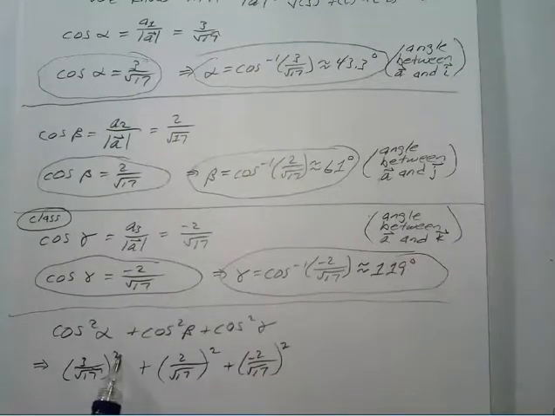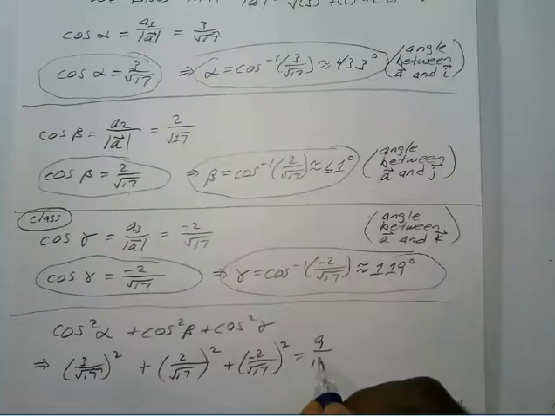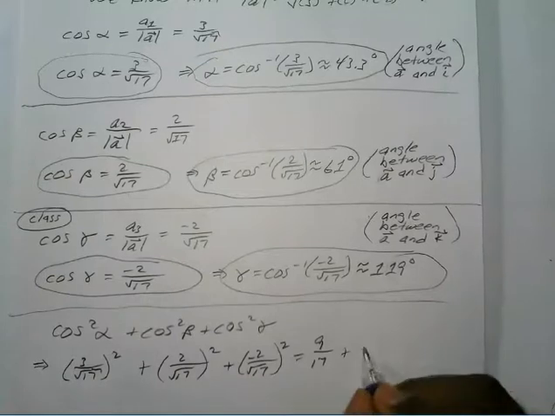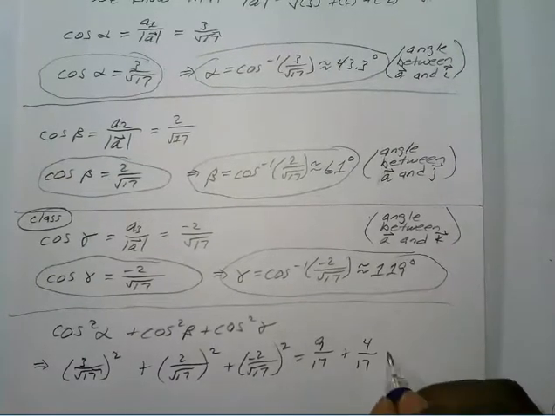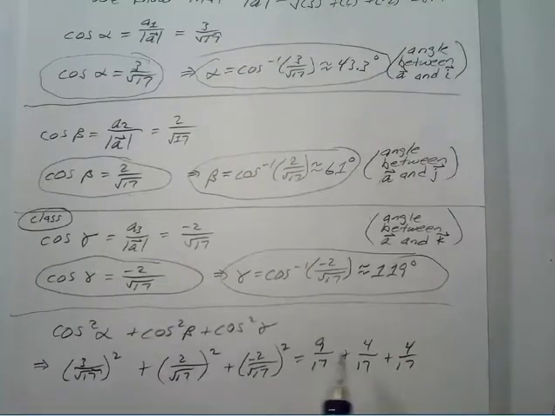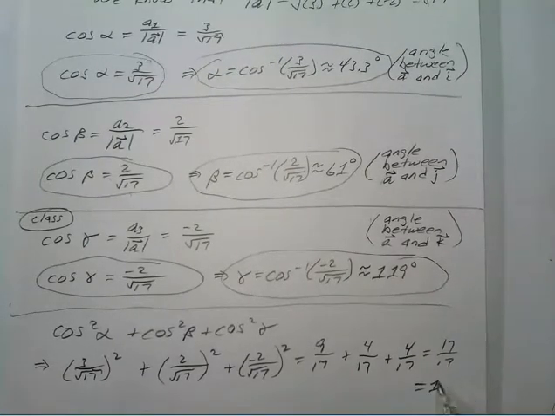Okay, so 3 squared is equal to 9 over square root of 17 squared is 17, plus 2 squared is 4 over square root of 17 squared, which is 17, plus -2 squared is 4, and that's again over 17. 9, 13, 17, so we have 17 over 17, which is equal to 1.